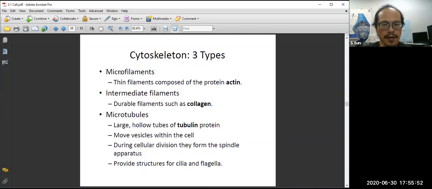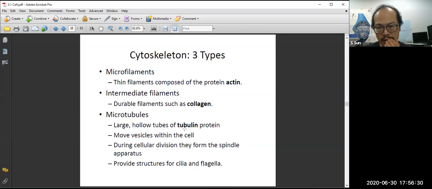So here, from the thinnest to the thickest: microfilaments are composed of the protein actin. Intermediate filaments are more durable, composed of several different things, but one component is collagen. Microtubule is the largest hollow tube, and the protein is called tubulin.